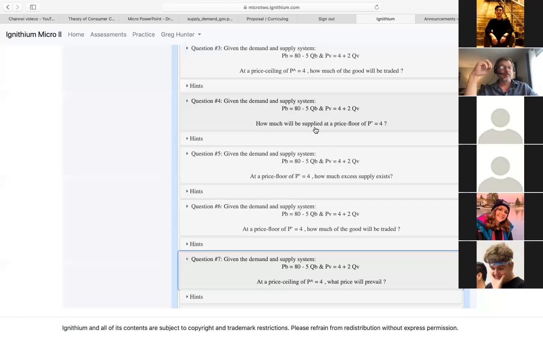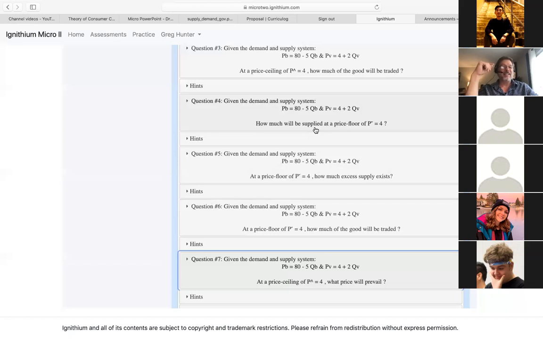Okay. Right? Because whether it's binding or not has to do, remember the definition of binding, with whether it is different from the equilibrium price, right? And in particular, for a floor to be binding, it has to be a price that's above the equilibrium price, right? For a floor.